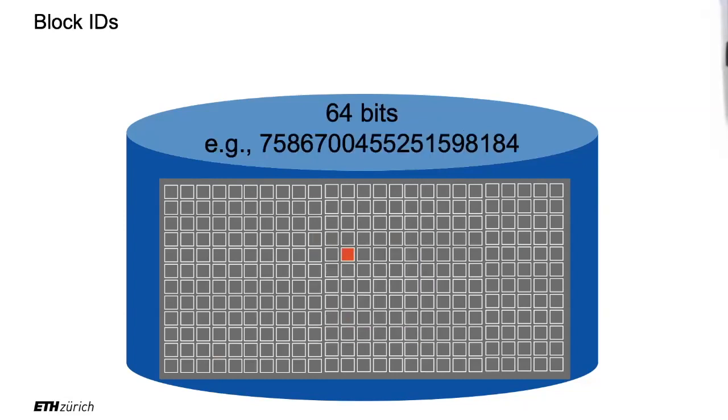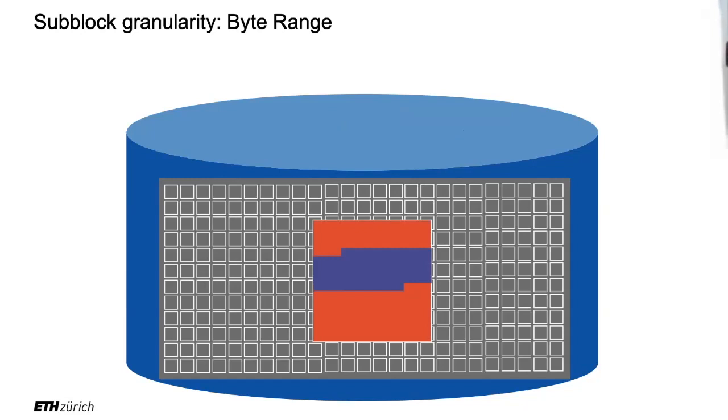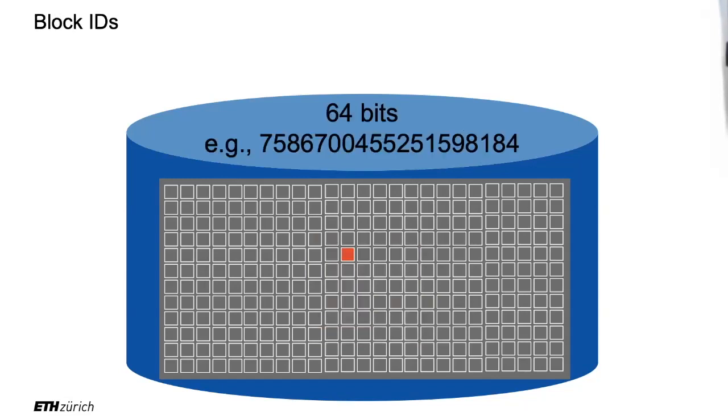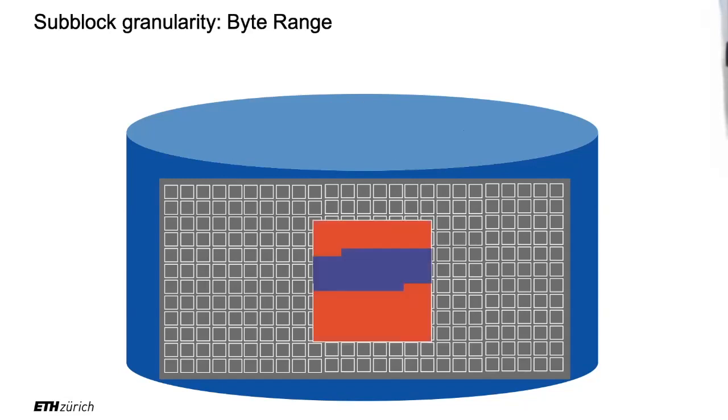Okay. And something that I'm keeping for later, but I just mentioned it en passant, but don't worry too much about that, is that it is also possible when you connect to a data node to not get an entire block, but to get some part of the block. So you can actually request just from this position to that position, less than the 128 megabytes. This is something that will be useful for MapReduce and that I will come back to in a few weeks to explain why this is useful.